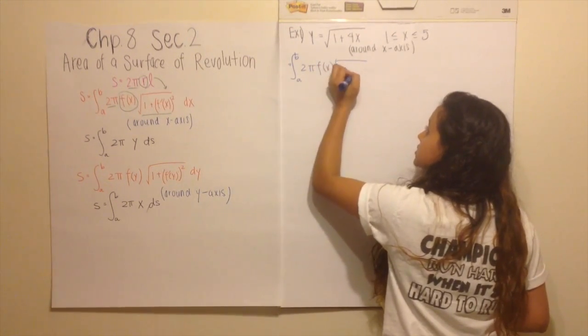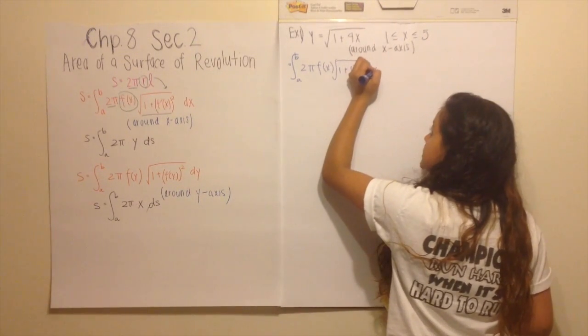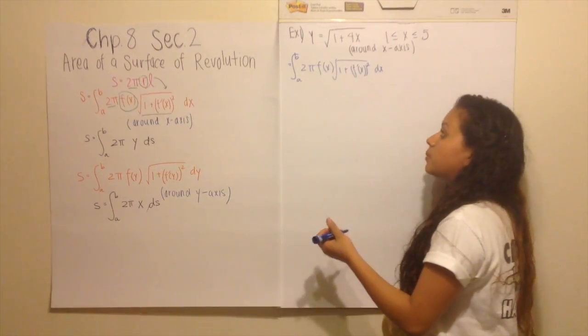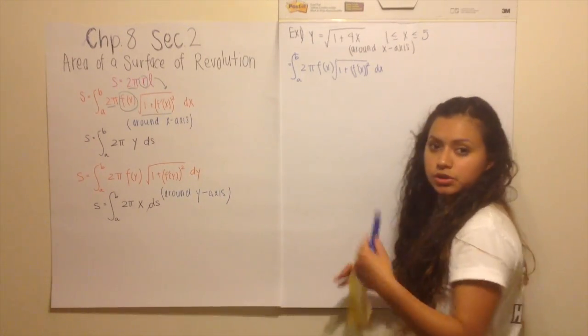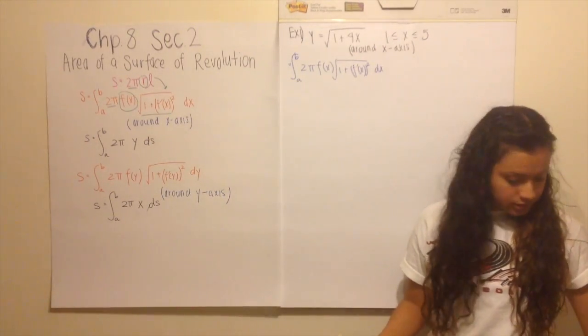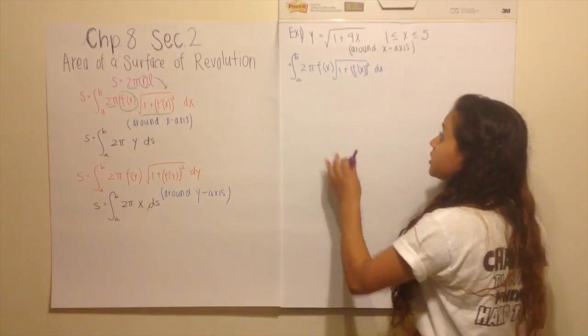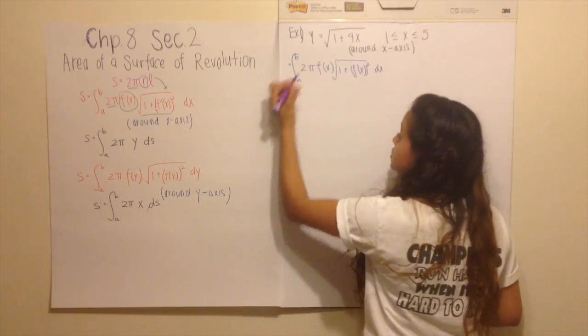square root of 1 plus. And I like to always rewrite the formula, because the more you write it, the more you say it, and the more practice you get. So it'll be better for you to actually learn it. So now that we have that, what I like to do first is calculate the arc length. So I first do the derivative.